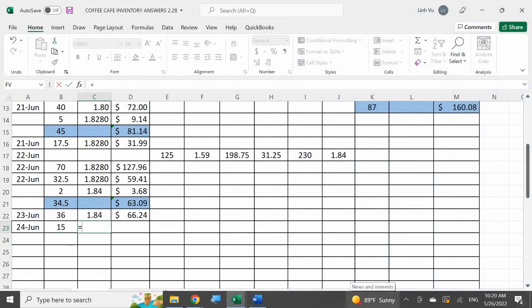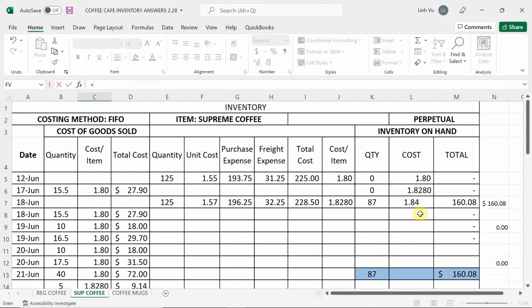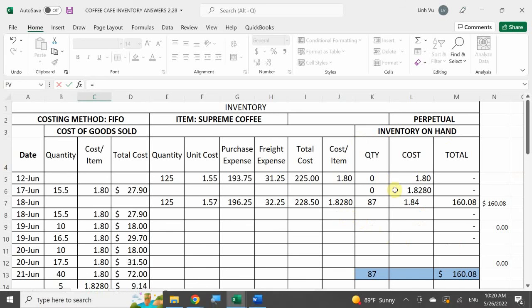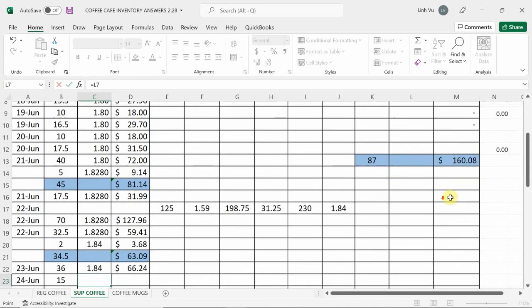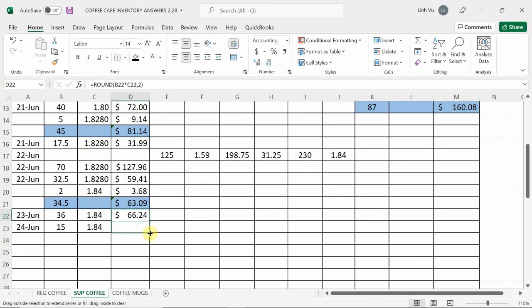Okay. Now in this case, we only have one batch of inventory, right here, $1.84 per pound. So how much is it going to cost me to sell 15 pounds at $1.84? $27.60.